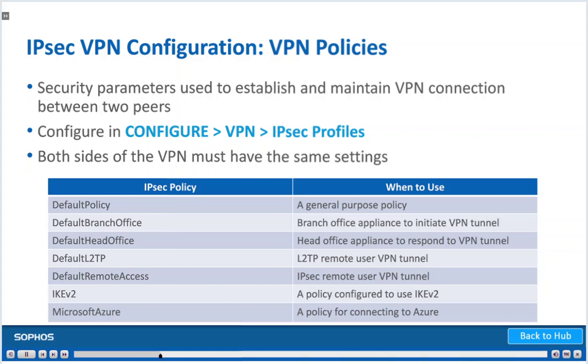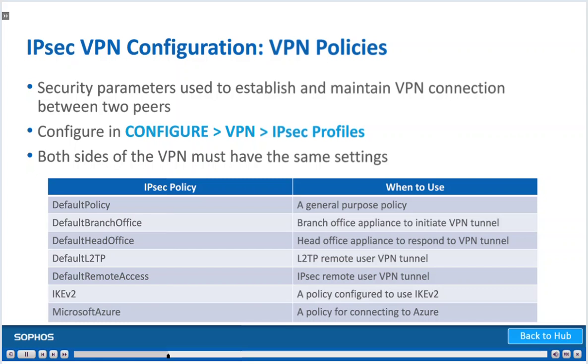By creating IPsec policies at a global level, it makes it quicker to configure multiple VPNs and makes updating or modifying the configuration easier. When creating a policy, it is important to remember that both sides of the VPN connection must have the same settings to be able to successfully negotiate a connection.